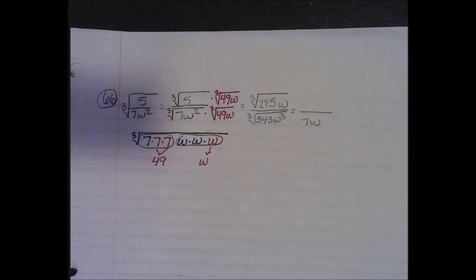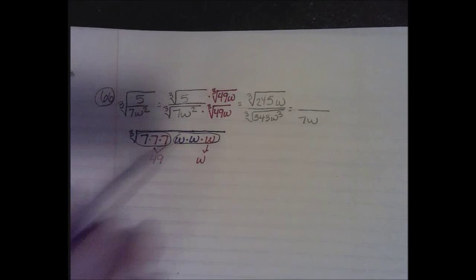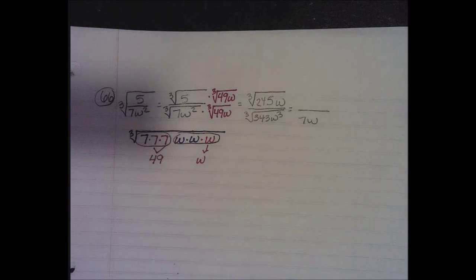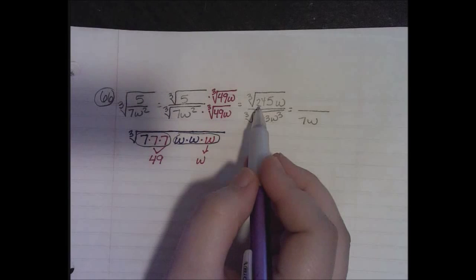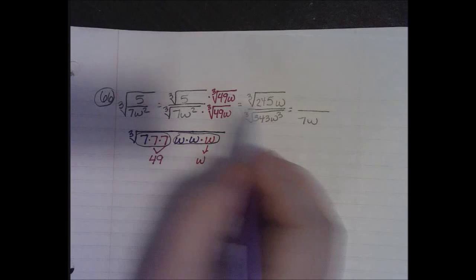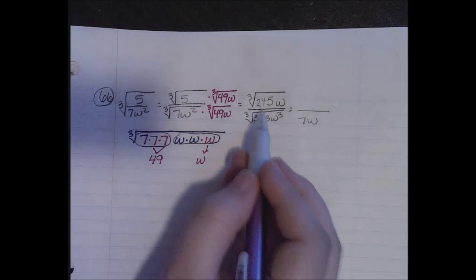So remember, you only have to look at this chart that you made right here to see what's going to come out if you don't want to multiply numbers like 7 and 49. We know we cannot break apart this 245. We can use a little bit of sense here and say, okay, I just multiplied 5 times 49 to get 245.